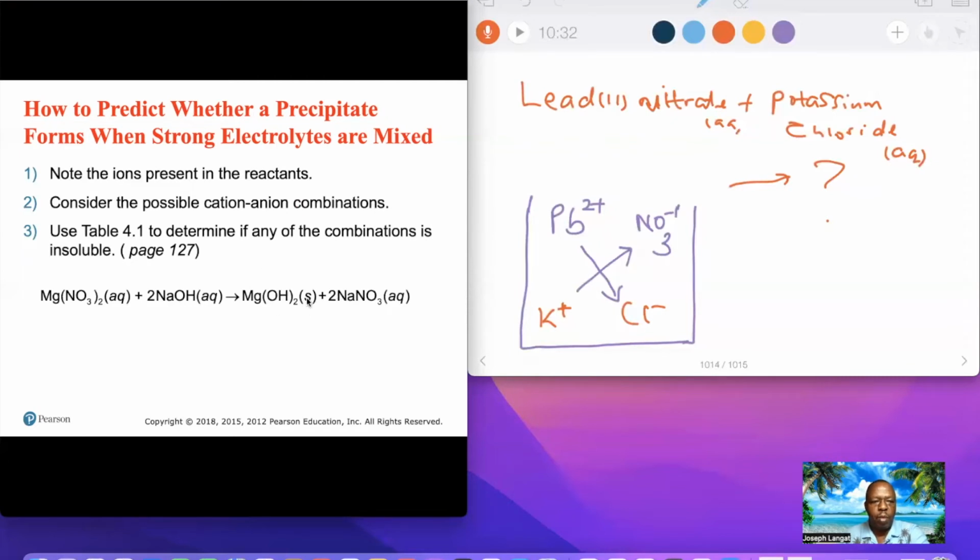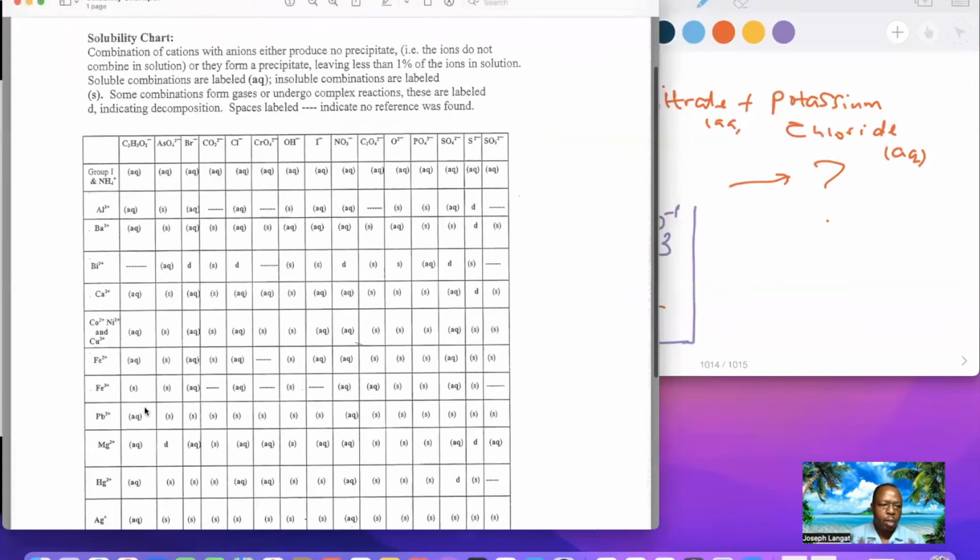Let's see if it's true that magnesium hydroxide is insoluble. If I look at the table, all nitrates are always what? Soluble. So if I have magnesium hydroxide, magnesium and hydroxide is right here, and it is insoluble.